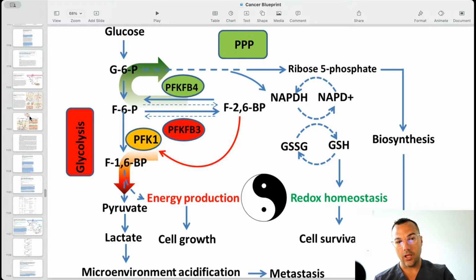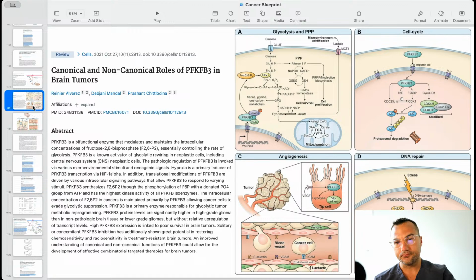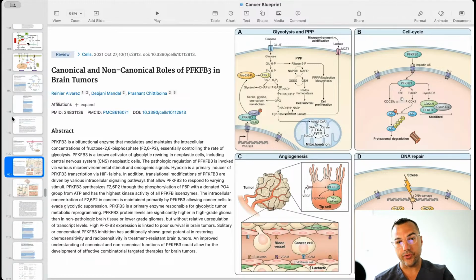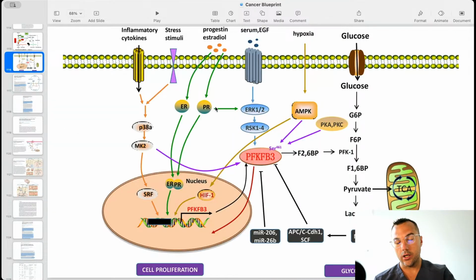And we've seen it in other models, like in this glioblastoma model, having effects on the cell cycle, on the making of new blood vessels, on DNA repair, etc. We also saw that it was under the control of multiple signaling cascades, including the ER-PR positive found in breast cancers, EGFR, and likely HER2, as we saw in one of the papers for HER2 positive breast cancers, inflammatory cytokines, stress signals, hypoxia or pseudohypoxia, and even increases in glucose and insulin can also upregulate this.